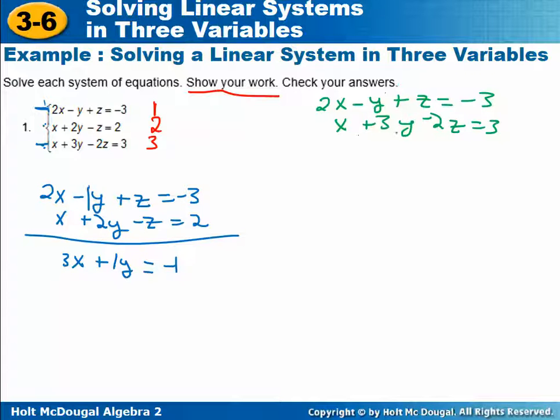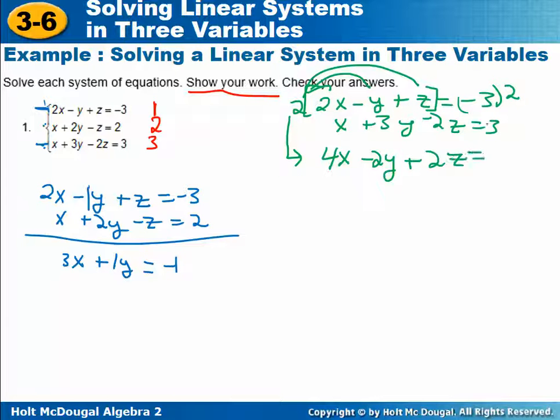Now I can't just add them together like I could in the last one. The last one was set up for elimination because I had plus z minus z. This one I have plus z minus 2z. But if I multiply the top one by positive 2, that would work. So if I multiply everything on the top of the first equation by 2, I'll get, oh no, I won't, I'll get 4x, 2 times 2, 4x minus 2y, I'm using the distributive property, plus 2z.